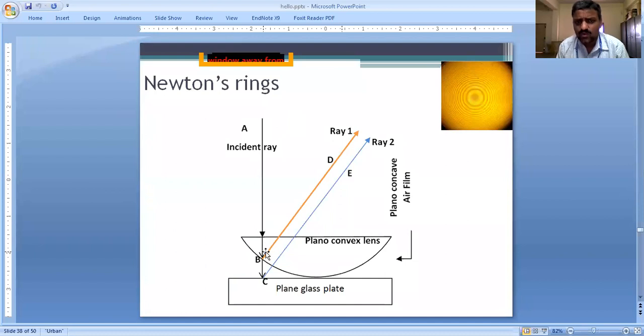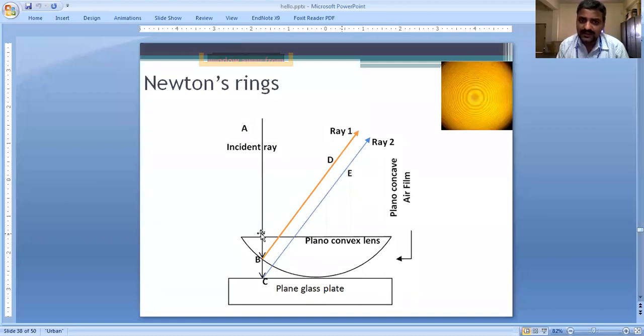When this light ray of wavelength lambda hits the lens, obviously some part of the light will be reflected even at the top of the lens, which I have not shown here. Definitely here at this point also light will be reflected, which I am not interested in.